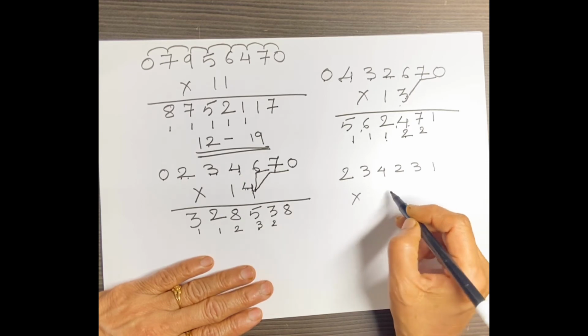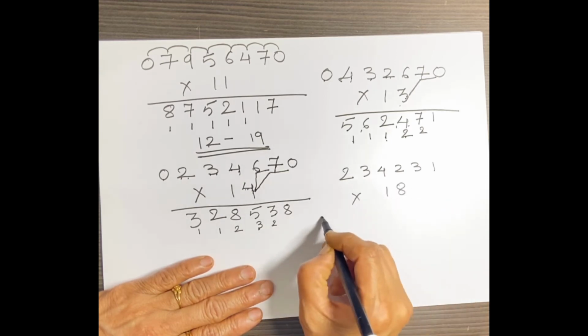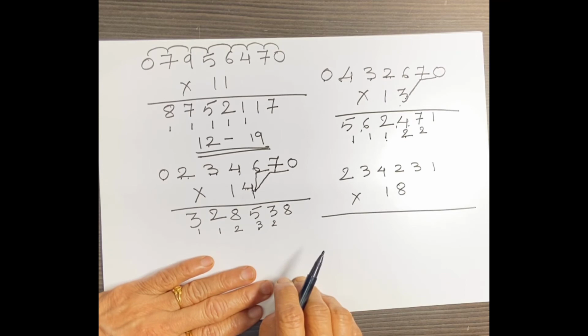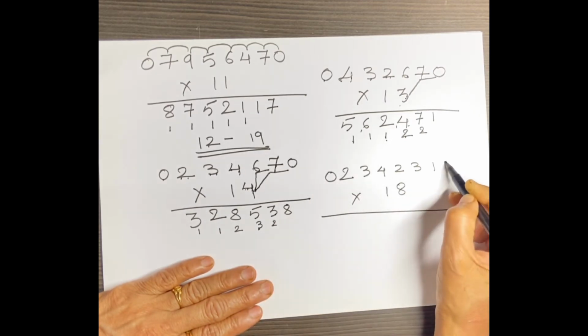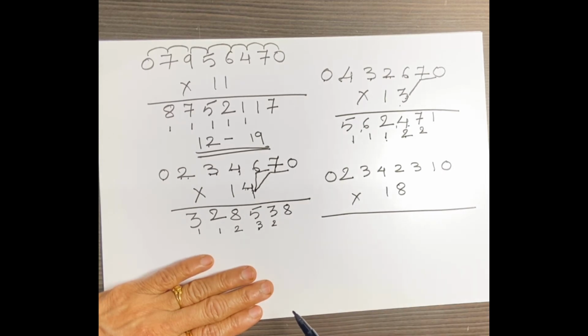Into some greater number, I am taking 18. Step 1, prefix and suffix the number by 0.